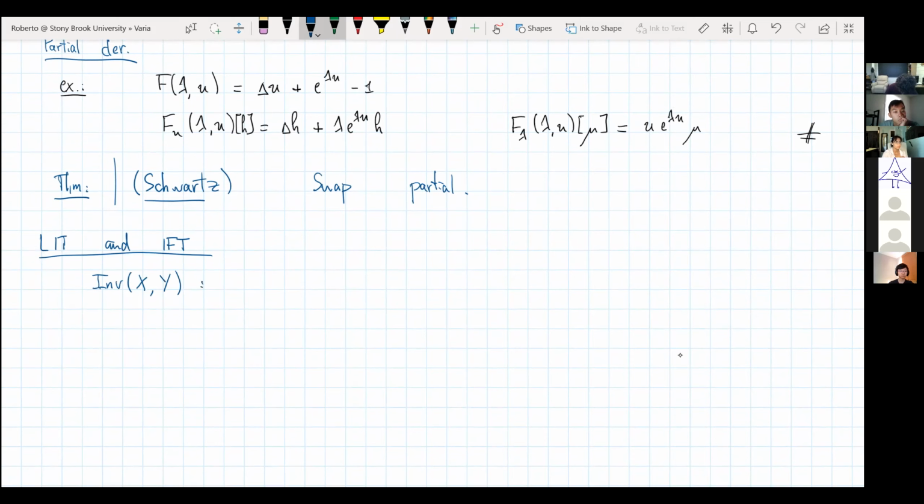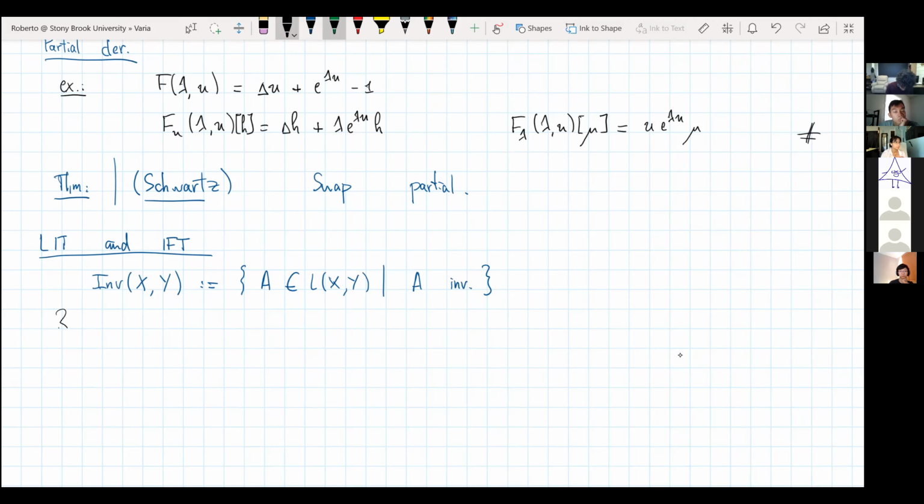We call Inv(X,Y) the set of A which are linear from x to y and that are invertible in L(X,Y). So it means that there is an element of L(X,Y), a linear bounded operator, that composes on both sides to the identity of either x or y.